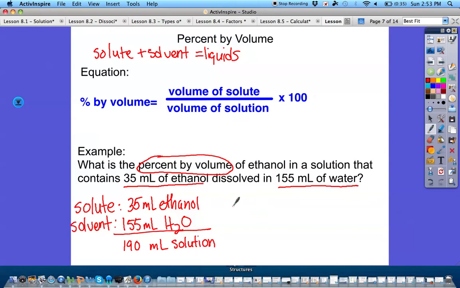So we're going to plug in percent by volume equals 35 milliliters of ethanol divided by 190 milliliters of solution. Multiply it by 100, and you should get 18%.